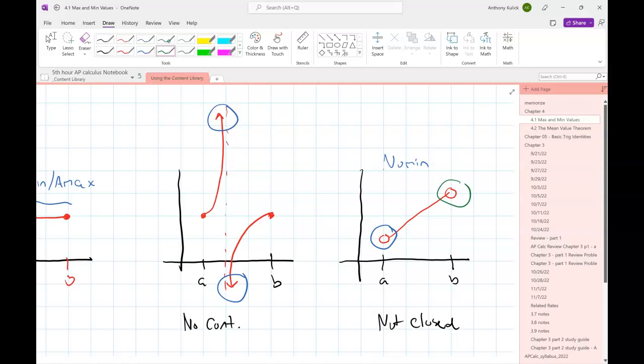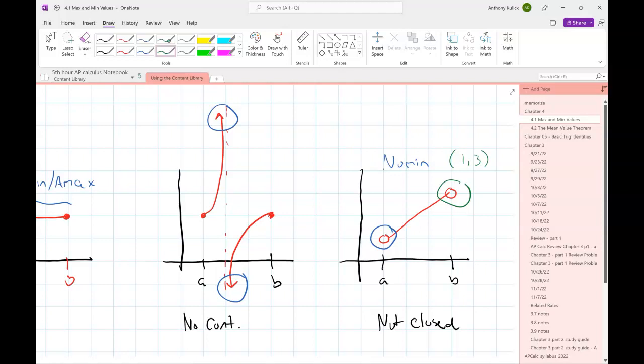If this is the point 1, 3, I can have 0.9, 2.9, and 0.99, 2.99, and 0.999, 2.999, and you just keep getting closer and closer, finding bigger and bigger values of f of x.